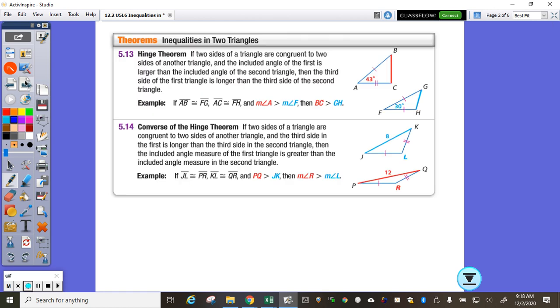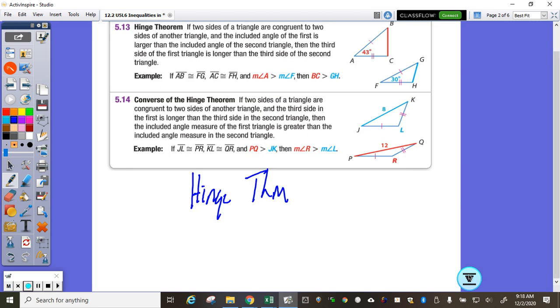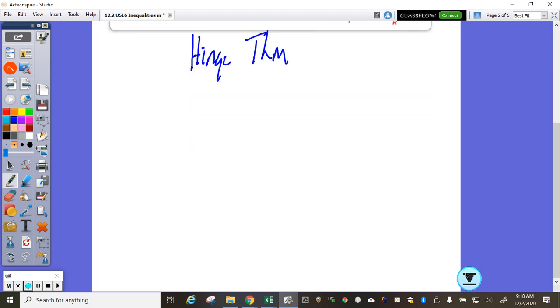But the next section and the last section in this is what we call the hinge theorem. Now, this is the rules that come out of the textbook, but we're going to look at this for a second. Let's take two triangles.